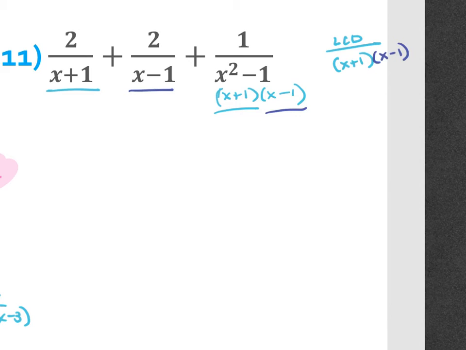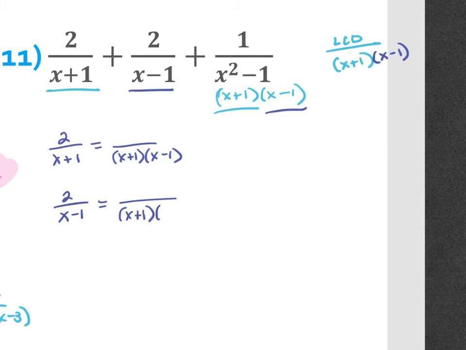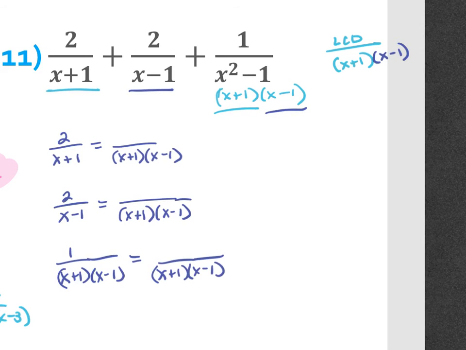So now I have to change 3 fractions. 2 over x plus 1 has to get x plus 1, x minus 1. 2 over x minus 1 has to have x plus 1 times x minus 1. And 1 over x plus 1, x minus 1 has to have x plus 1, x minus 1. So now I look from the left to the right here.